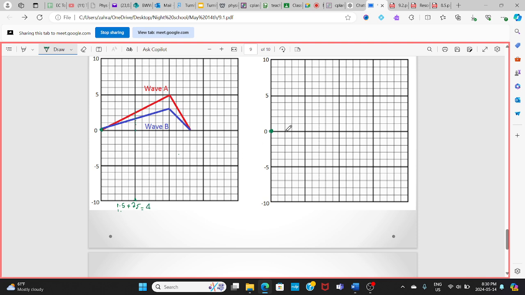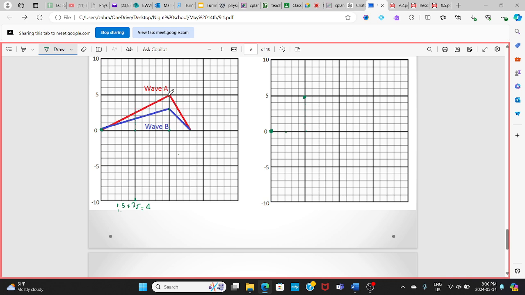At this point again, it says 1, 2, 3, 4, 5. At 5 seconds, just here, they add up and the amplitude becomes what? 5. At 10 seconds, the amplitude of B will be what? 4.